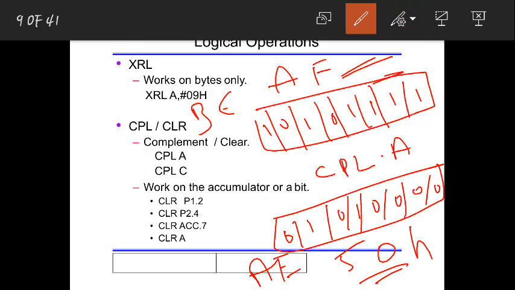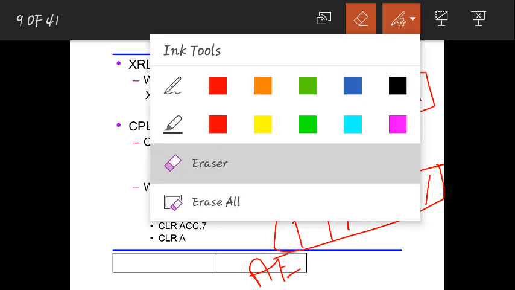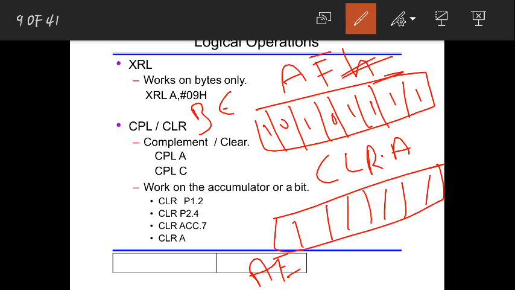And in the same way, instead of complement, before here I had AFH. If I write CLR, clear, for this clear, whether I have 1 or 0, this will clear it.